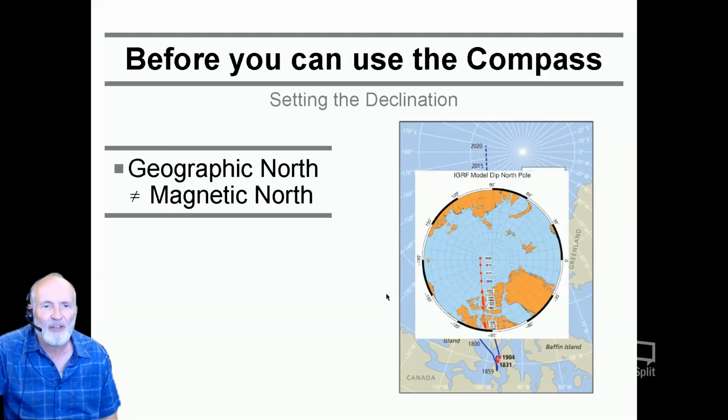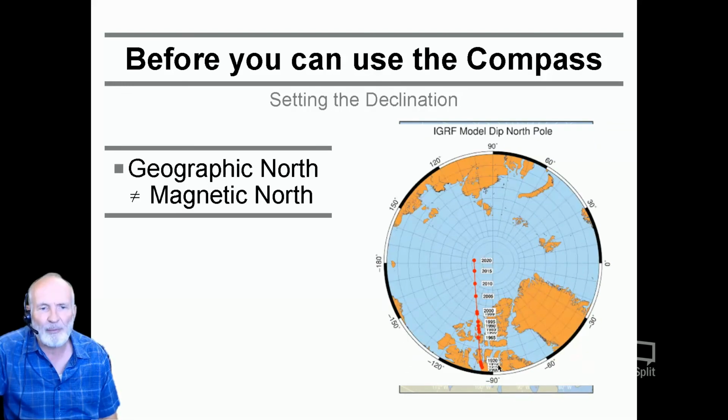So here's a more modern map, from the last century into our century now, up to 2020. You can see in 2015 or 2020 we had this magnetic north wander, and it's projected to do the same. I don't know, it might go over into Russia eventually, who knows, but it has been wandering around.